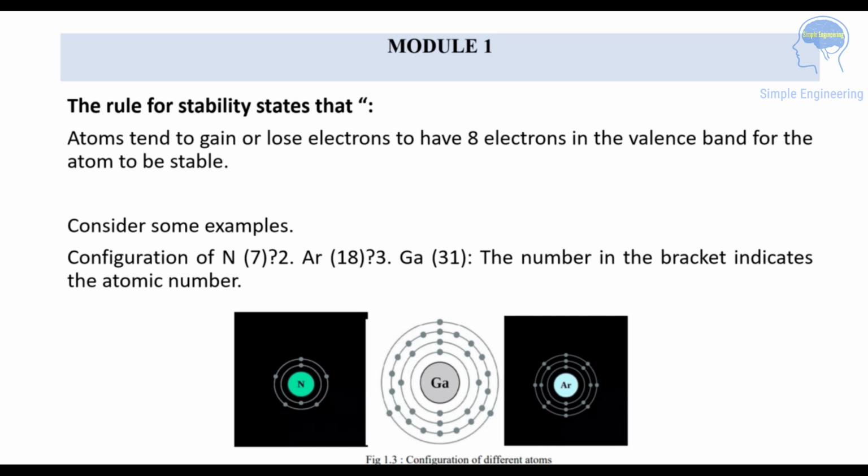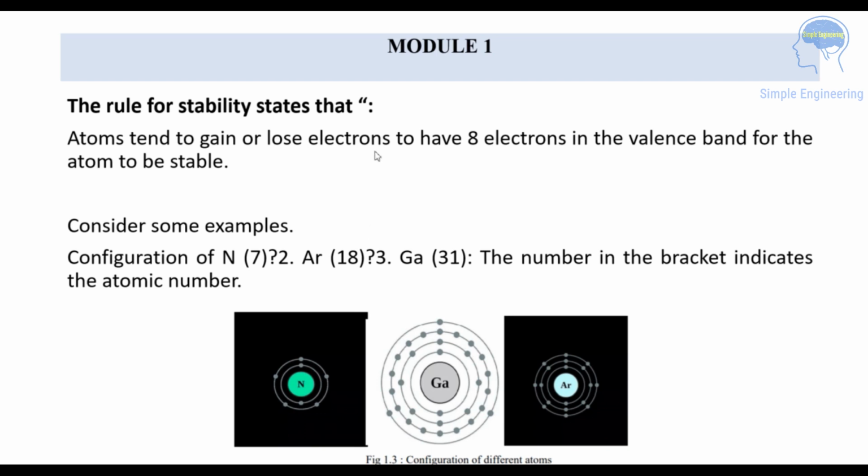So the rule for stability states that atoms tend to gain or lose electrons to have 8 electrons in the valence band for the atom to be stable. We have seen some examples, such as nitrogen, which has 7. The first orbit contains 2, and the 5 electrons are in the second orbit. In order to complete that orbit, it needs 3 more electrons, because the second orbit consists of 8 electrons.